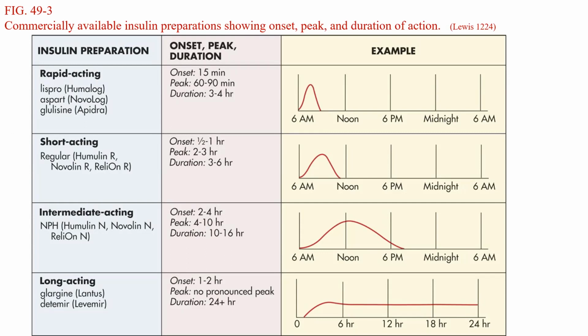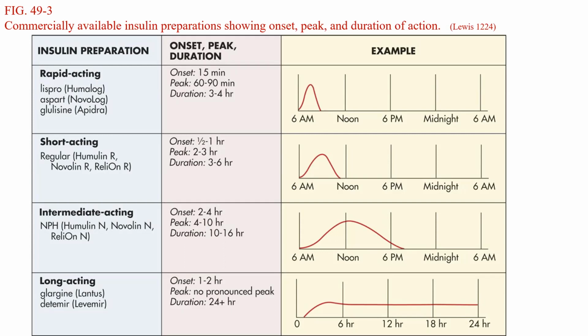And then we have long acting, which is the ultralente, like Lantus, Glargine, Levemir, all of these are long-acting insulins.